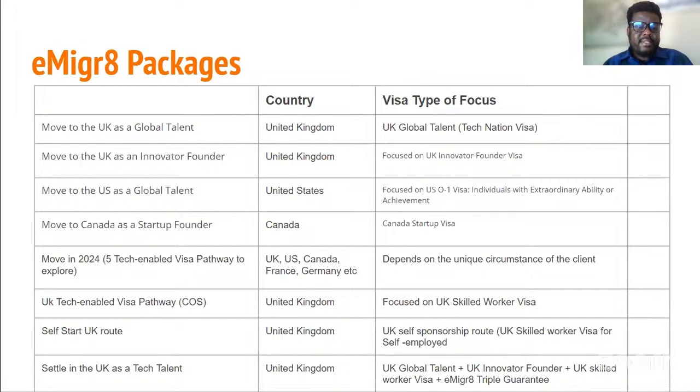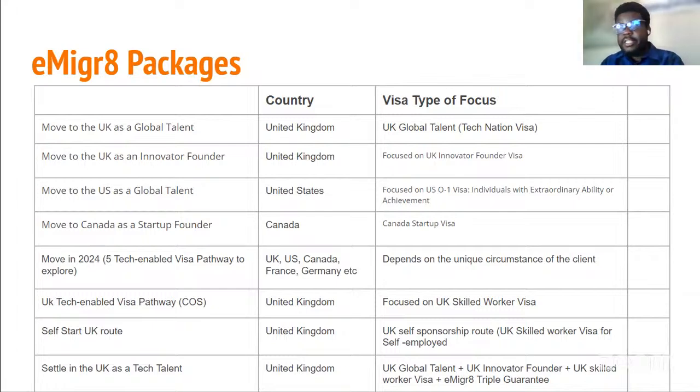We do have the self-start UK route. If you're interested in that, we do have a group coaching session later in the month, specifically for folks that are interested in the self-start UK route. This is a self-sponsorship route for the UK skilled worker visa. If you are looking at that route, settle in the UK as a tech talent.